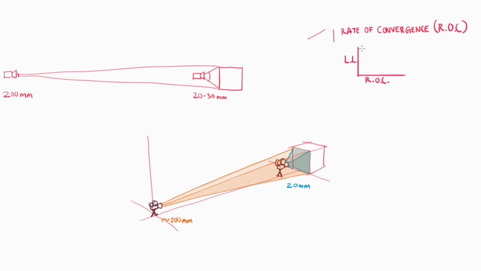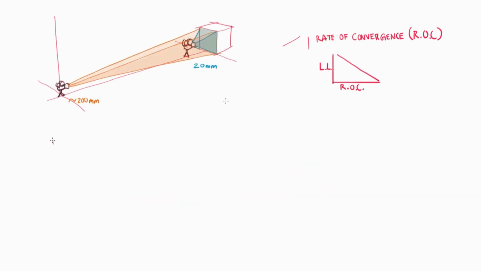So with these principles in mind, let's just create a few cubes so we can understand how they change with different lens lengths. I'm starting out with a very long lens, in which case parallel lines are visually parallel as well.